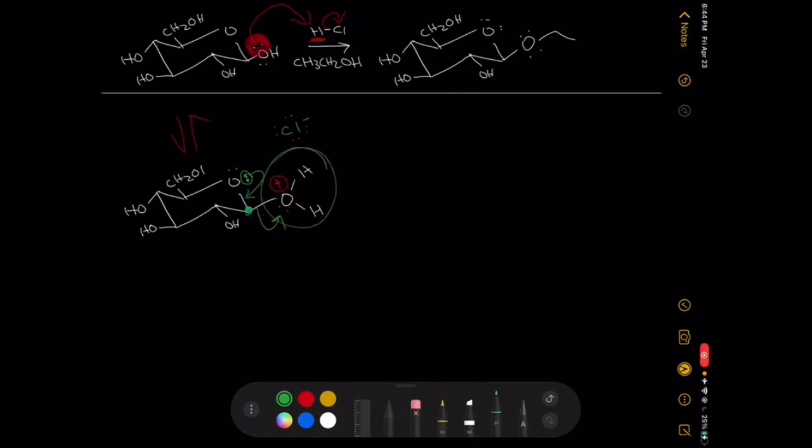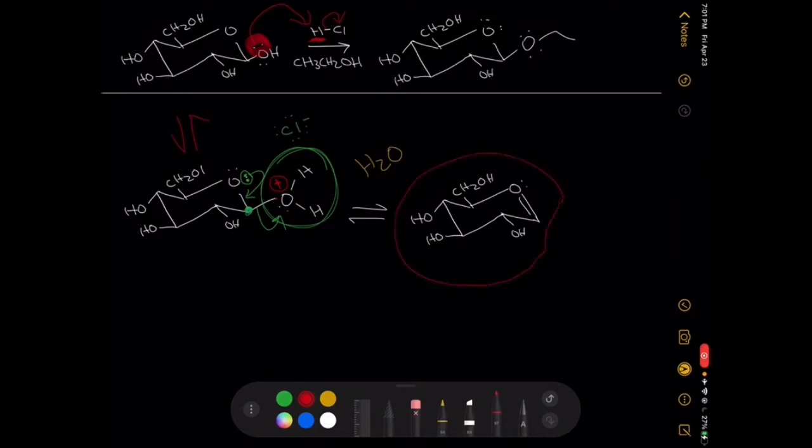And when this leaves, this is going to leave us H2O. So right after that water leaves, it's going to form this intermediate. And since this O right here made a double bond with one of its lone pairs, it's now charged positive here.